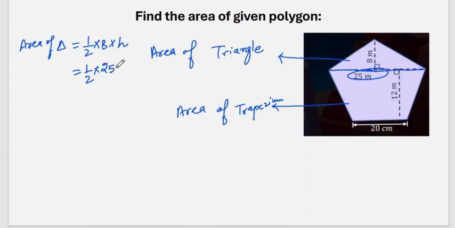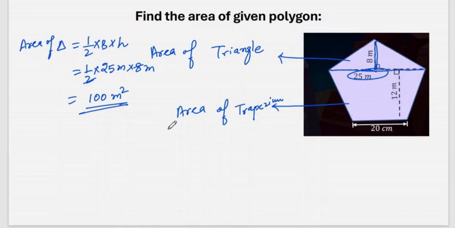Into, what is the height? Height is given as 8 meter. So we got the value 100 meter square. Okay, this we have got only the area of the triangle.